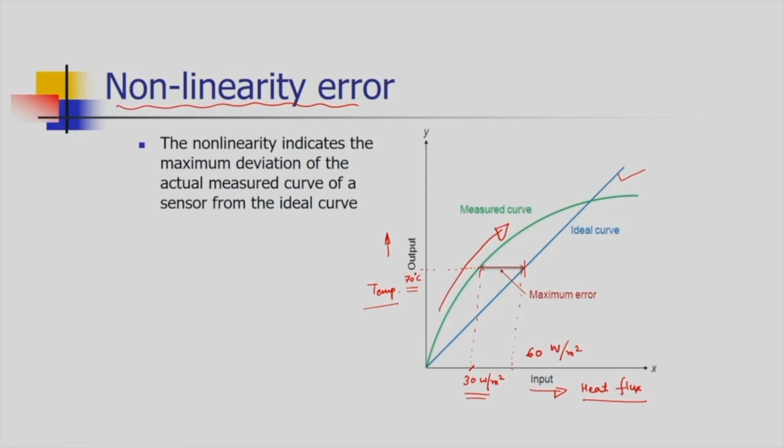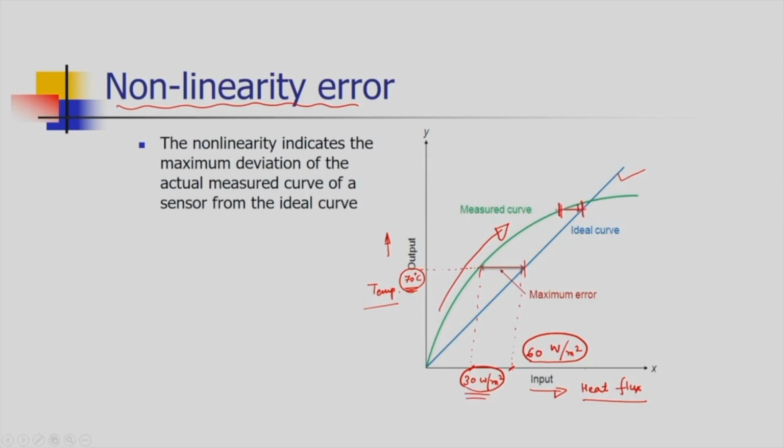That means the system is providing the desired output at a different input value. We are getting the desired output value at an unexpected input value. The expected input value is say 60 watt per meter square, but for 30 itself it is giving us 70 degrees Celsius.